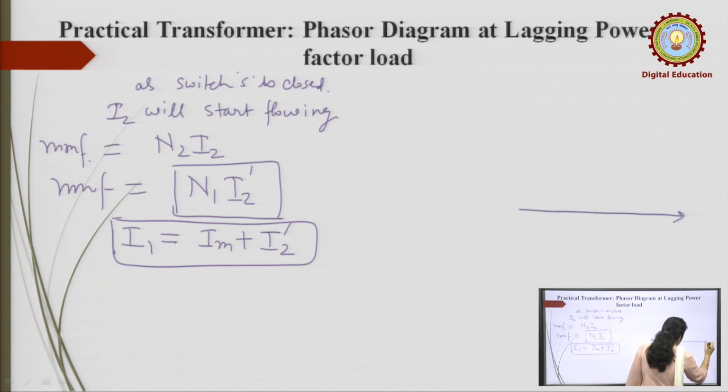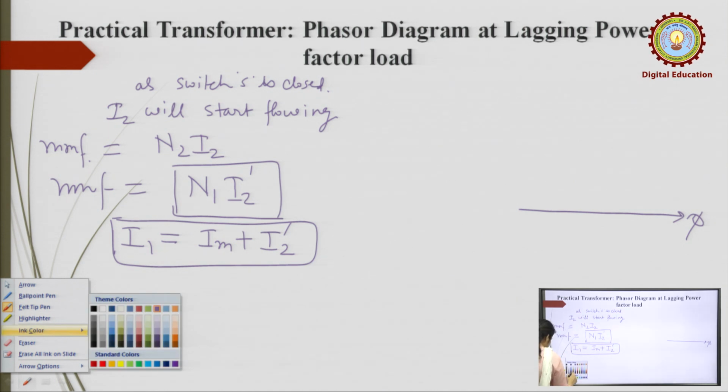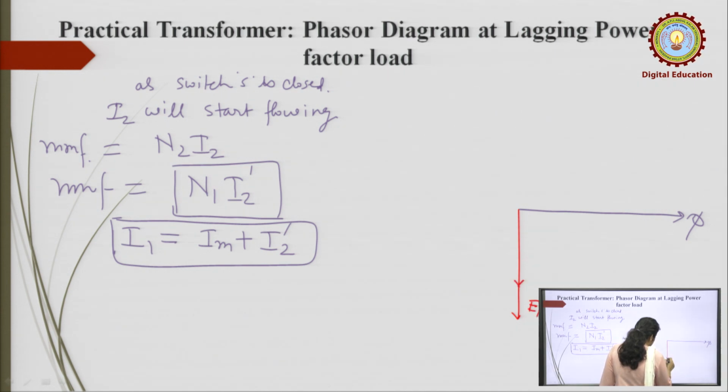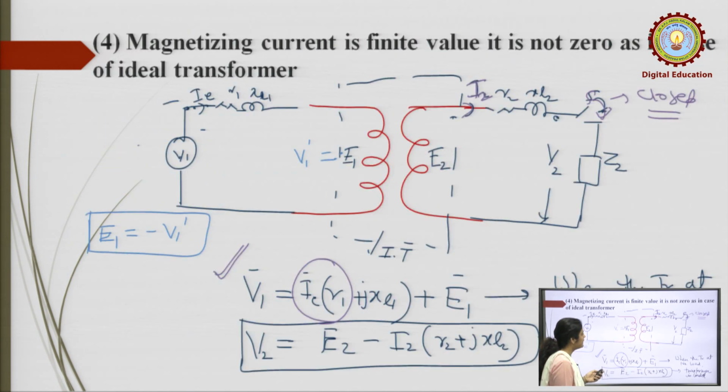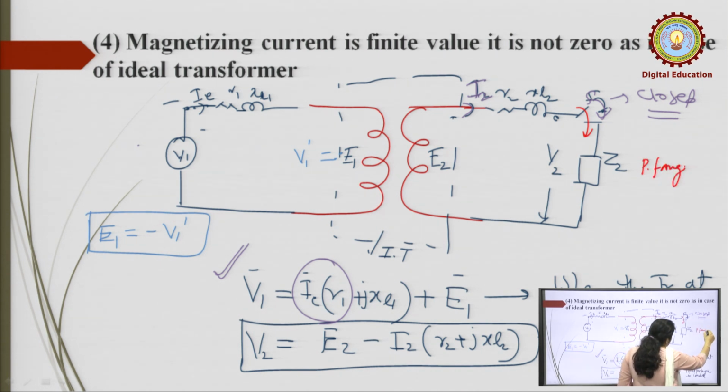Okay. Now, if you draw the phasor diagram at lagging load, suppose the flux is there, this is E1 and E2, and suppose the power factor angle is theta. When the load is connected like this, the power factor angle is theta 2.